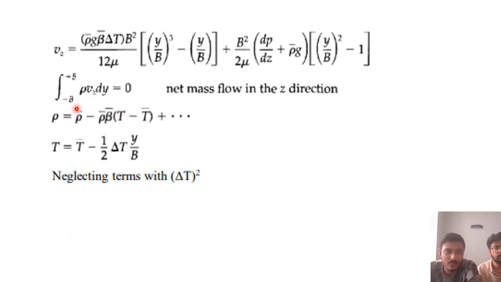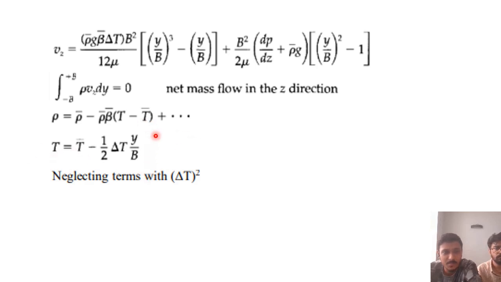Now we will substitute the density profile equation and temperature profile equation in this expression. So rho is equal to rho bar minus rho bar beta bar into T minus T bar. In this expression, we know that rho bar is the average density, beta bar is the coefficient of volume expansion, and T bar is the average temperature.